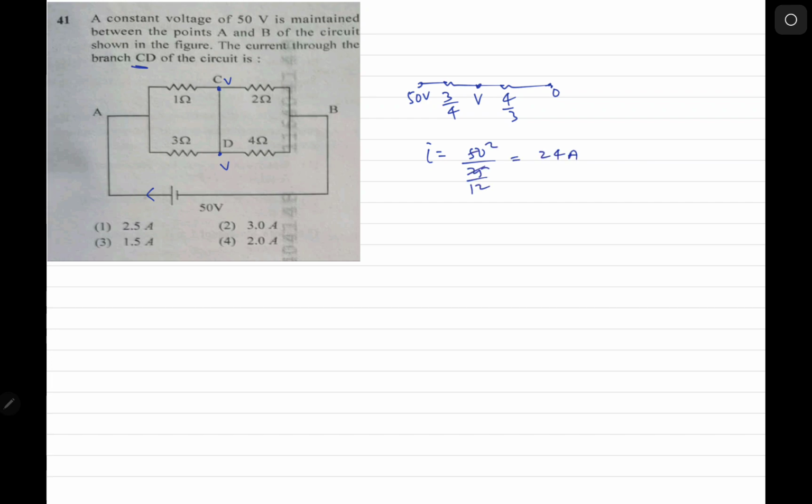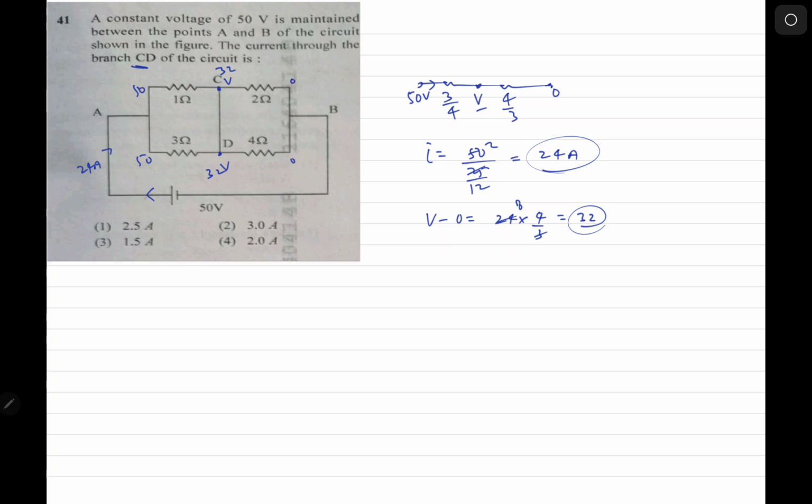So 24 ampere current will be flowing here. Now when 24 ampere current is flowing, we can simply find the V value. So V minus 0 equal to 24 into 4 by 3, 32. So that means this is 32, this is 32, here 50, here 50, here 0, here 0.